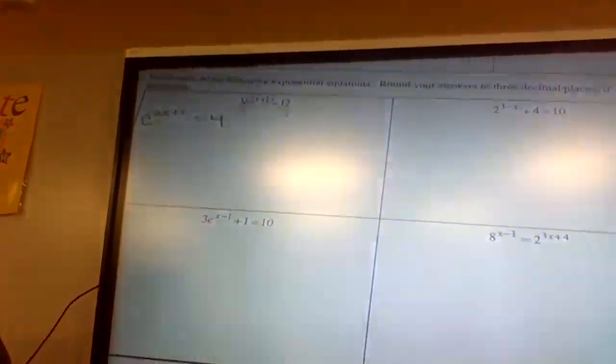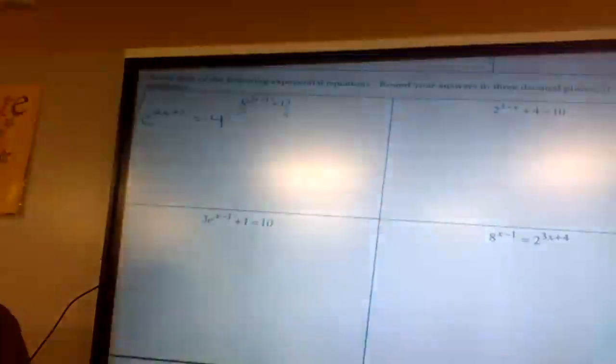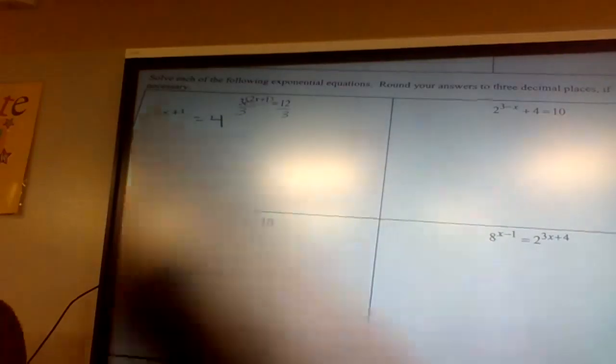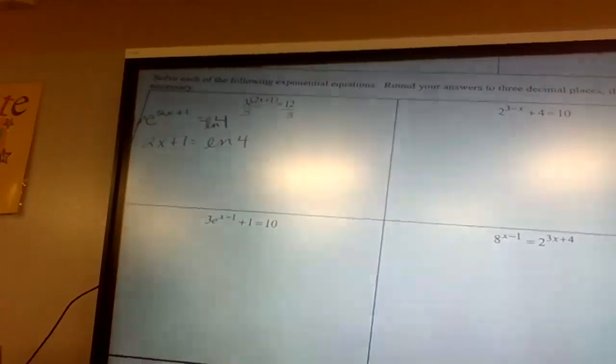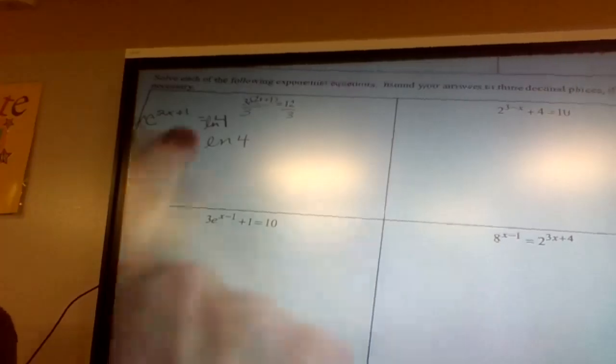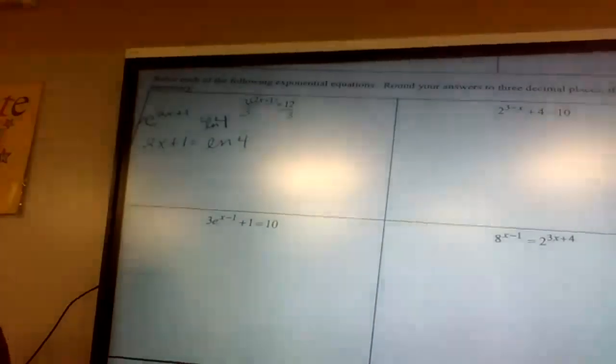You can take the natural log of both sides, and you end up with 2x plus 1 equals the natural log of 4. That's pretty much what it would look like when changing what you started with into a logarithm. You go back and forth, and that's what you'd end up with, okay?